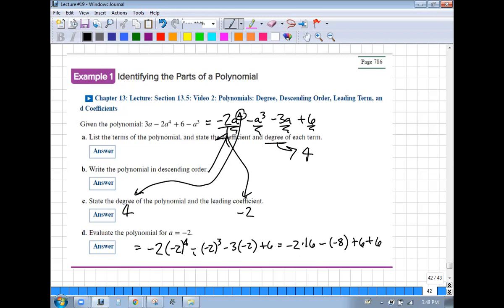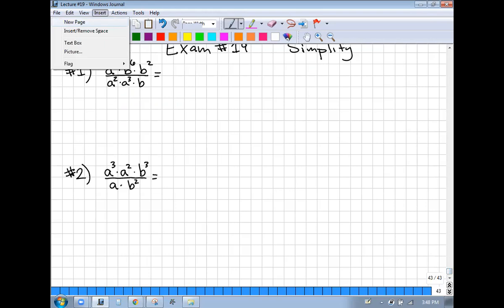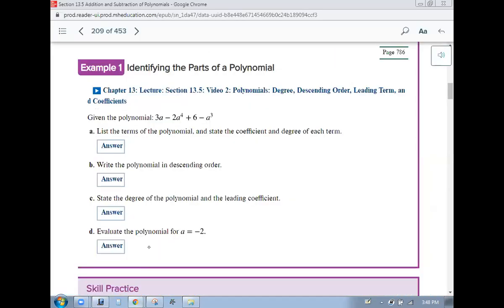So if we keep simplifying, -2 times 16 is -32. A -8 is a +8. A 6 plus a 6 is 12. So here we have 20 minus 32 gives us -12. So all we did was take that expression, replace a with a -2, and simplify. All right, we'll have lots and lots of examples doing that.